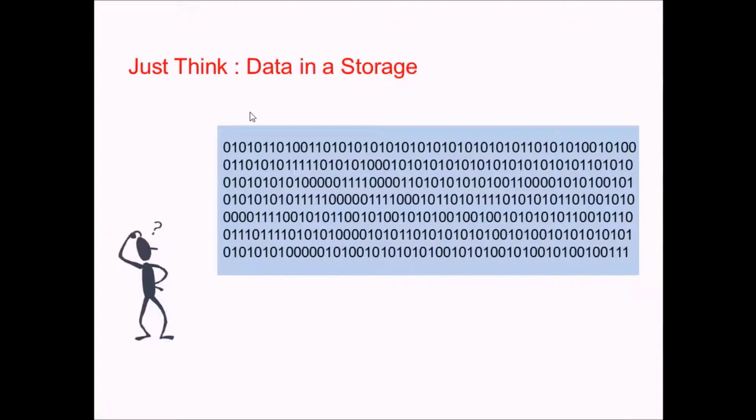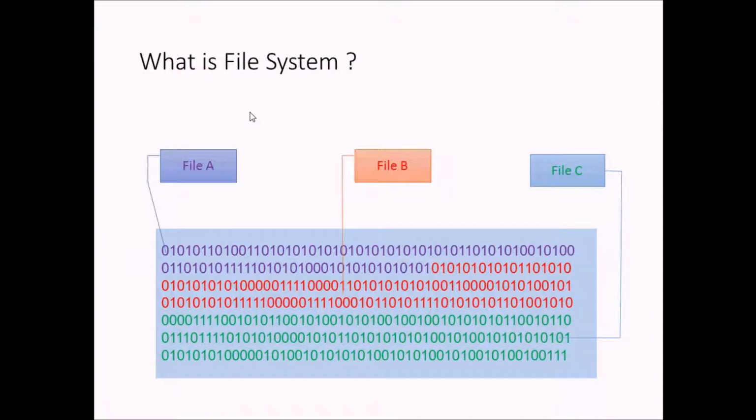We can see it on the screen. What is the file system? The contents are organized in files and directories as file A, file B, and file C, shown on the screen with different colors.